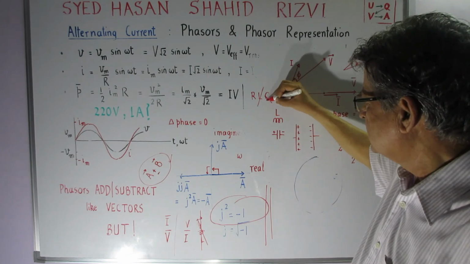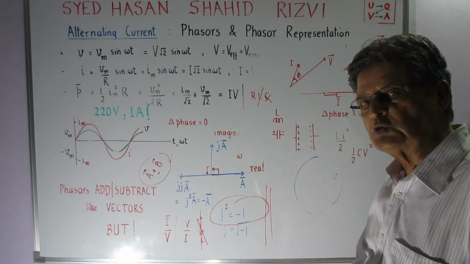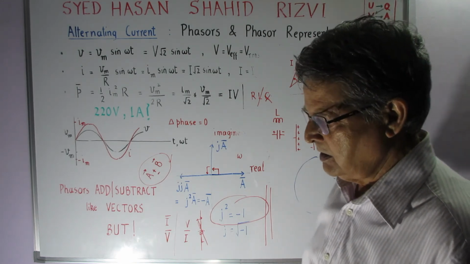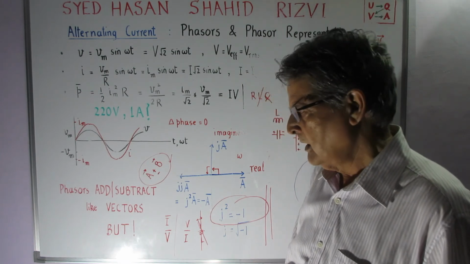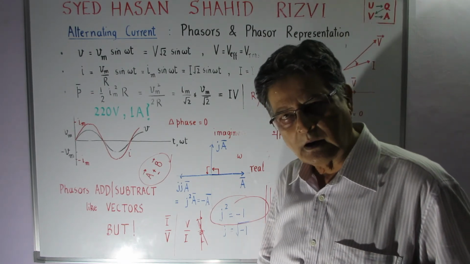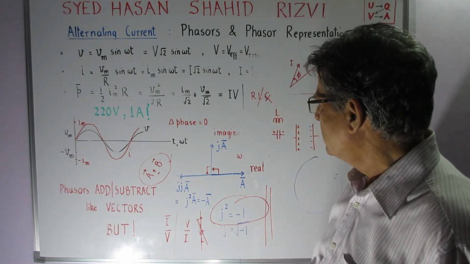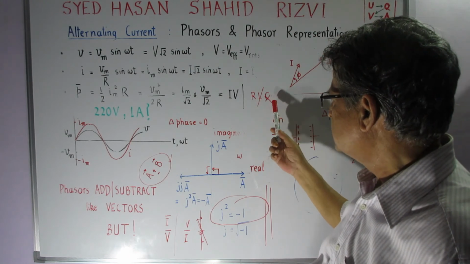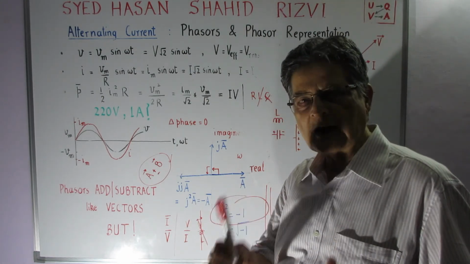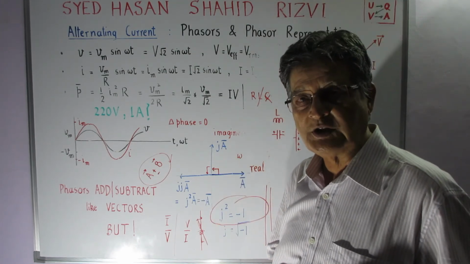I take out the C, then it becomes an RL circuit. And we will introduce the reactance and impedance, inductive reactance and capacitive reactance, etc. And I showed you that these reactances are 180 degrees out of phase with each other.